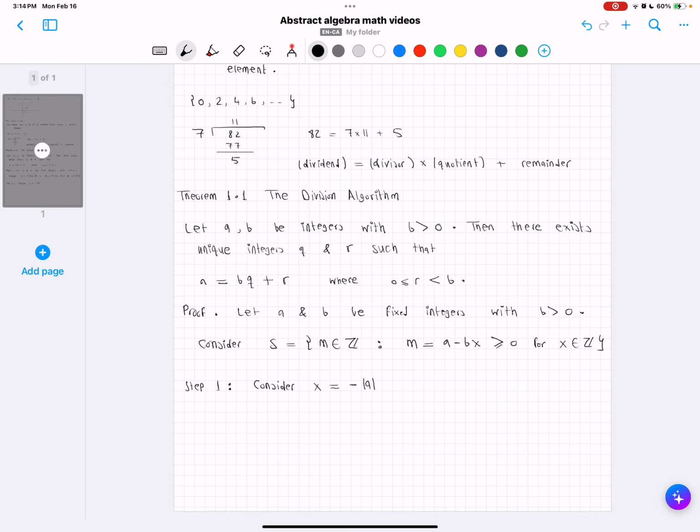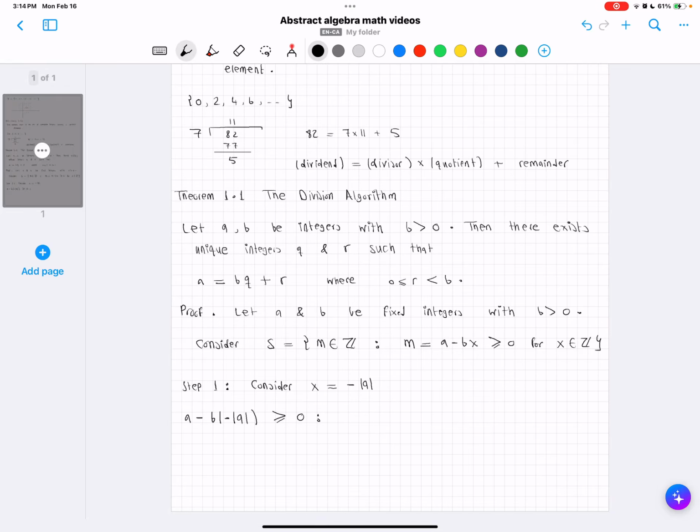What I claim is that a minus b multiplied by minus the absolute value of a is bigger than or equal to 0. Let's show that. First of all, since b is bigger than 0, b is bigger than or equal to 1.